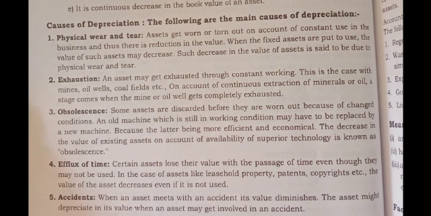Wear and tear means an asset gets worn out on account of constant use in the business. There is a reduction in the value. When fixed assets are put to use, the value of such assets may decrease. Such decrease in the value of an asset is said to be due to physical wear and tear.